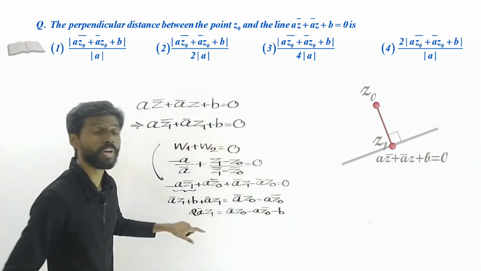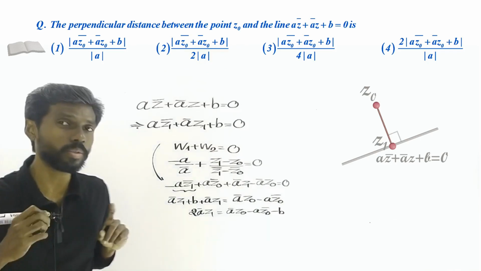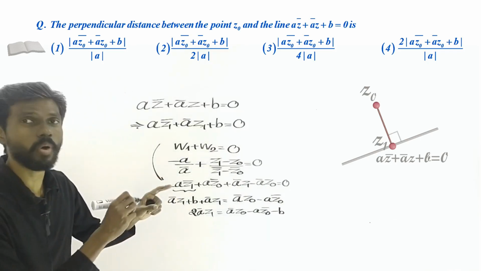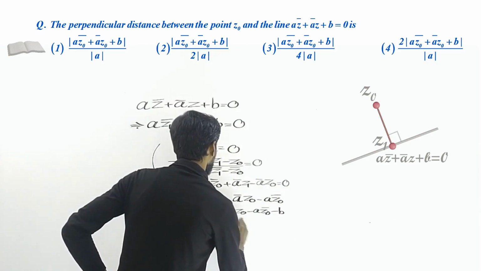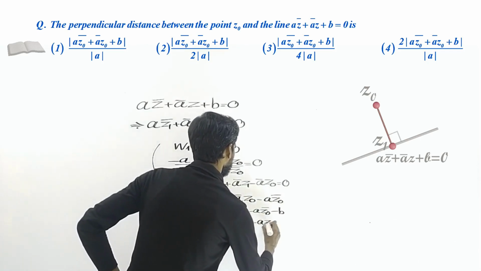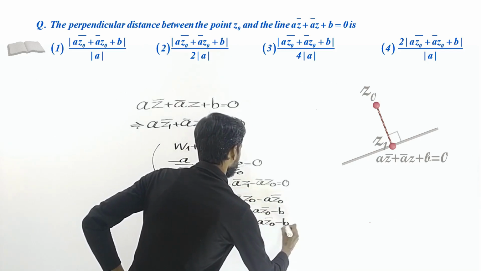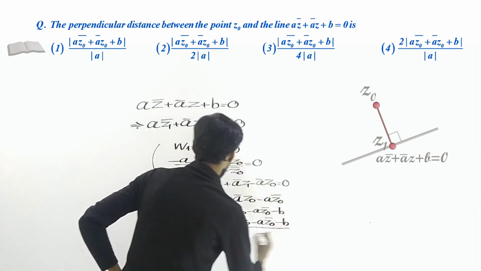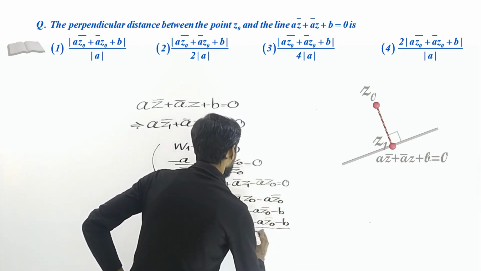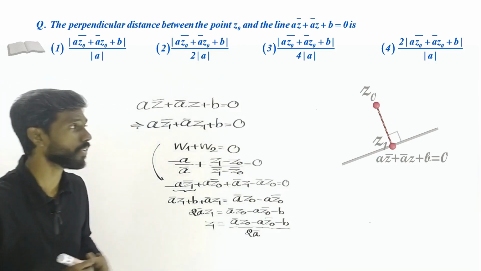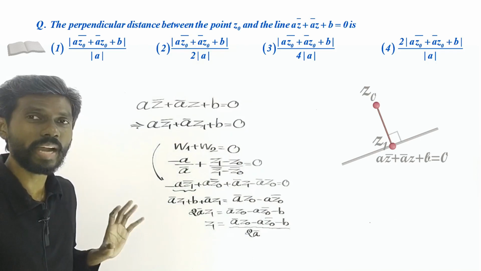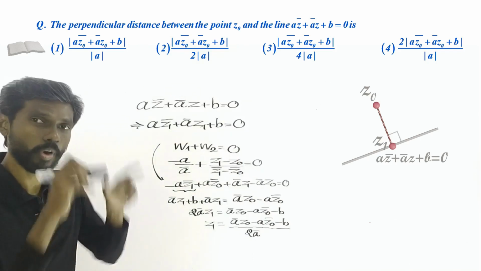So this will give you our required z1. See, what we are trying to do is find the value of z1. That's all. So z1 equals (a bar z0 minus a z0 bar minus b), the whole thing divided by 2a bar. So once we have found z1, now we have to find the distance between z0 and z1. So that is just the difference modulus. That's all.